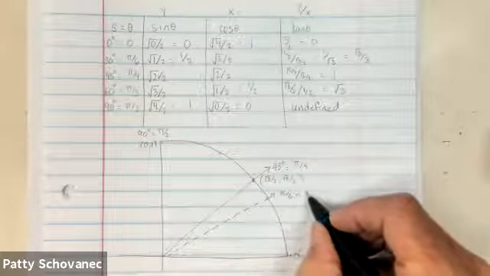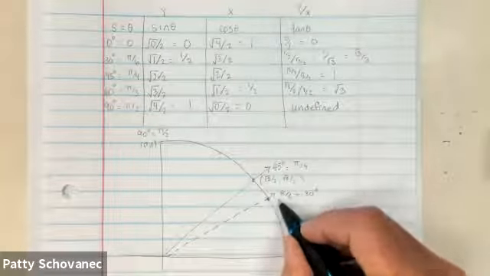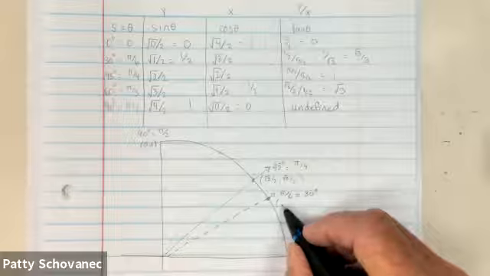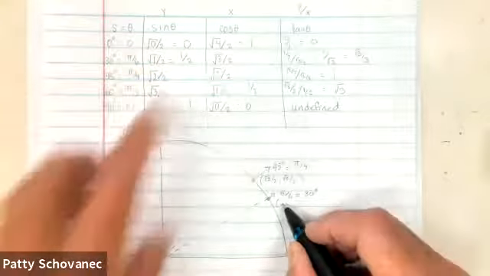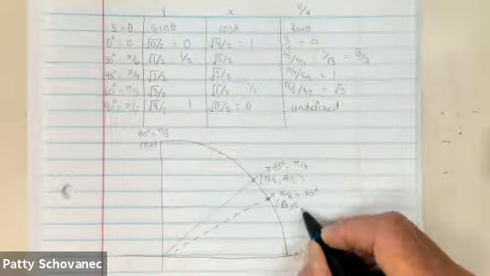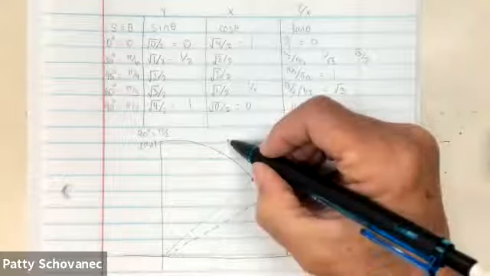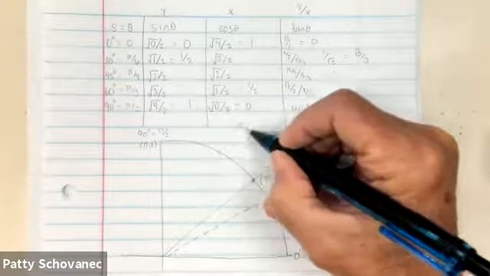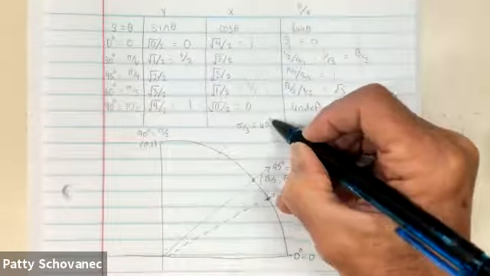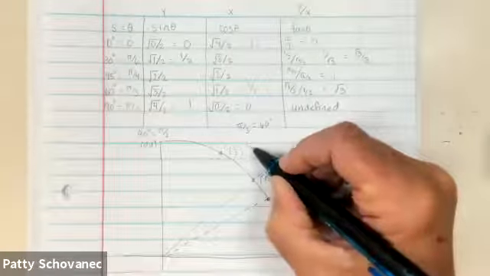Pi over 6 was the 30-degree line. And the ordered pair right here, at pi over 6, x is square root of 3 over 2, and y is a half. At pi over 3, which was 60 degrees, x is a half, and y is square root of 3 over 2.